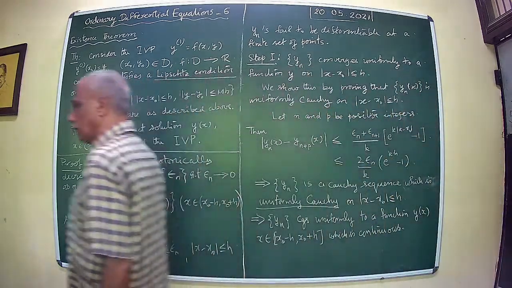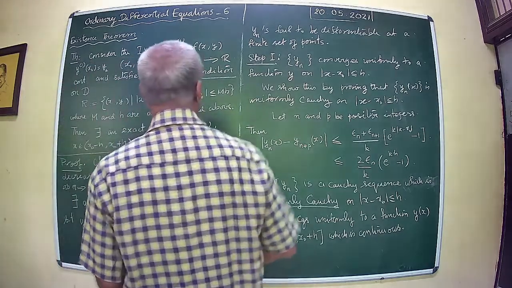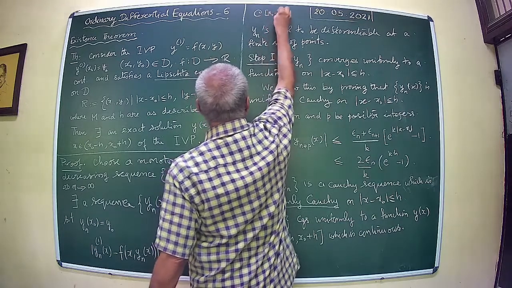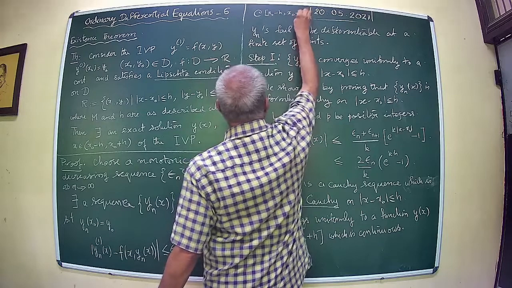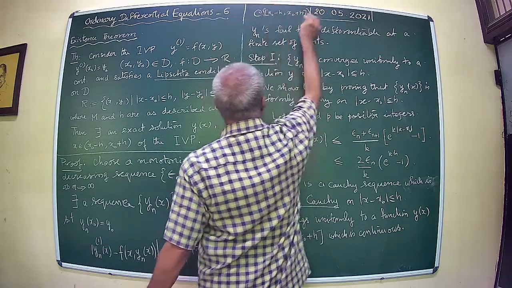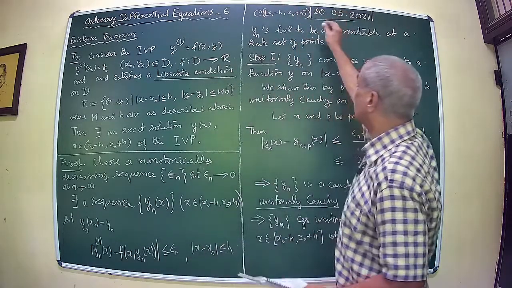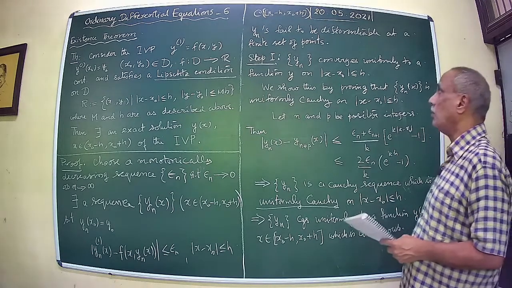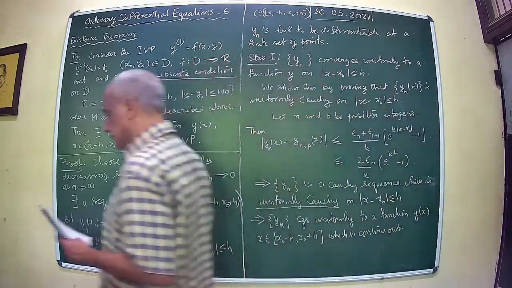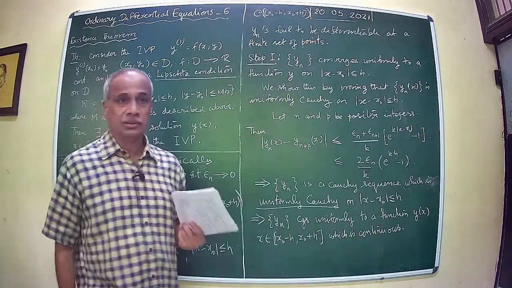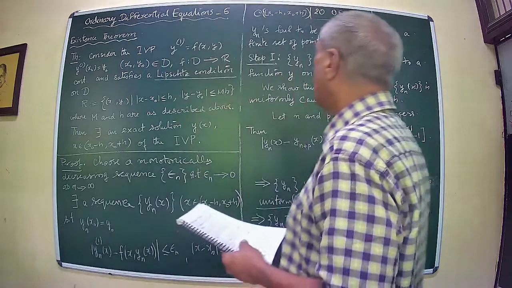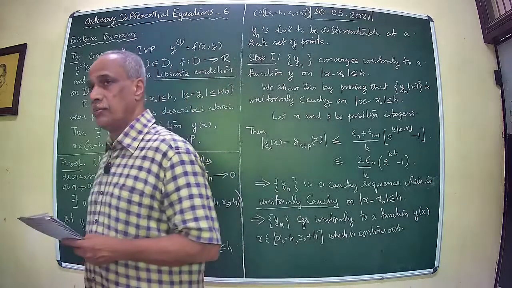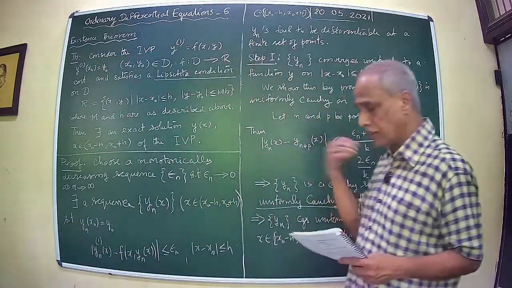It follows from the completeness of the space C[x_0 - h, x_0 + h]. Take this space of all continuous functions with what is called the uniform norm, the norm of y being defined as the supremum of |y(x)| on the interval x_0 - h to x_0 + h.